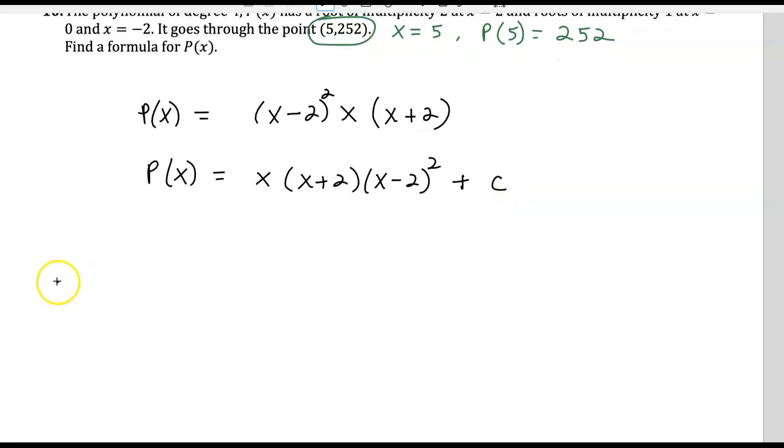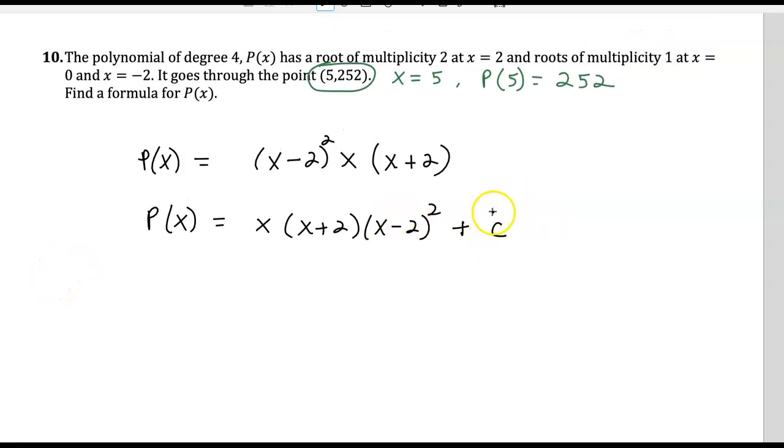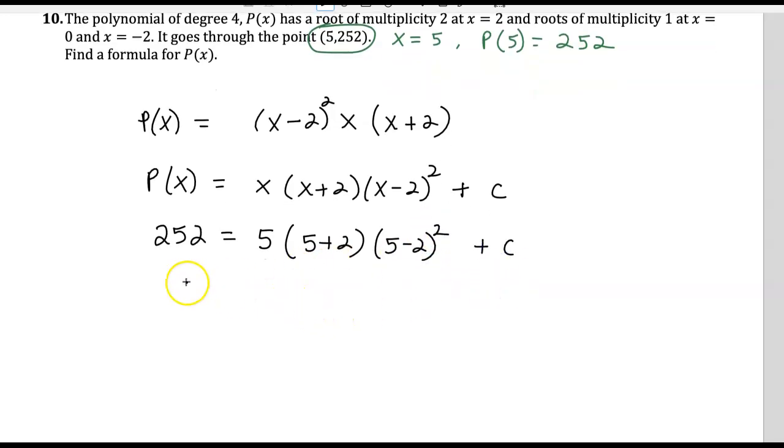Well, how can we determine that constant term c? We can just substitute x equals 5 in, and we know that it should be equal to 252. So 252 should be equal to, when x is 5, 5 times 5 plus 2 times (5 minus 2) squared plus c.